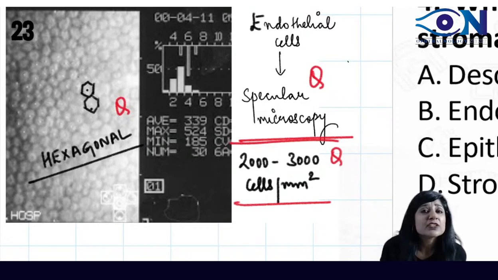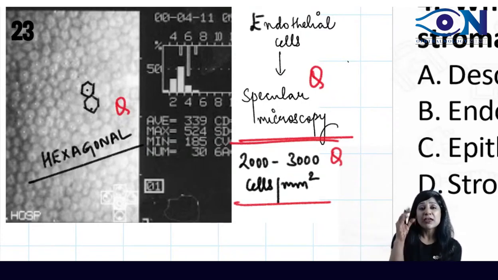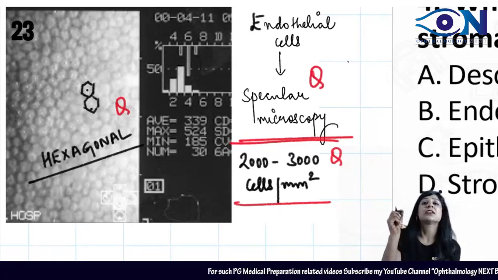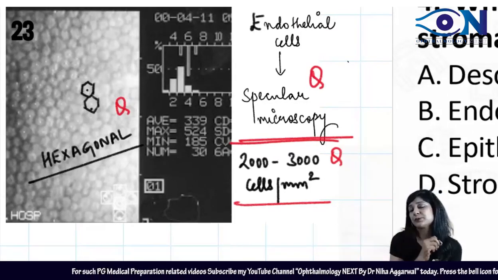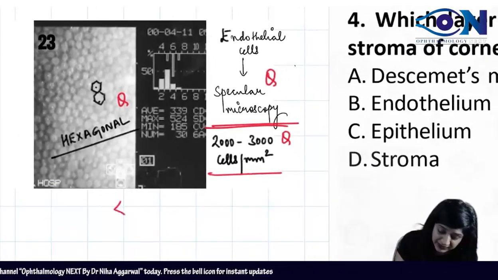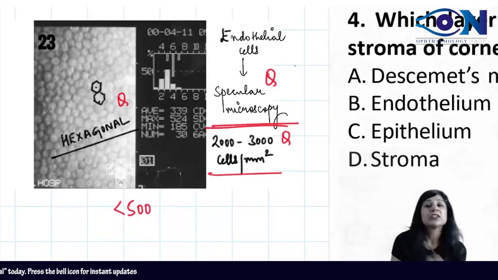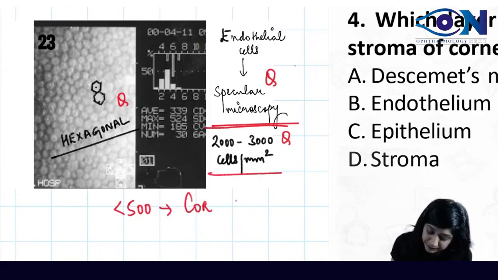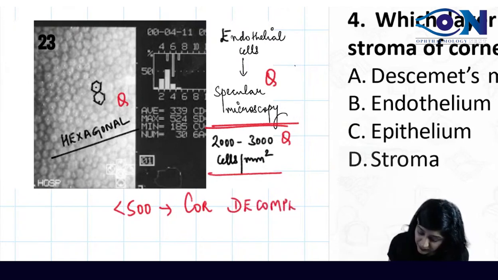So why am I so concerned about the endothelial cells? Because if I am doing the corneal transplantation, if I am giving a cornea to somebody, I will definitely check the number of endothelial cells in this person, because if the cells are less than 500, then there will be corneal decompensation.